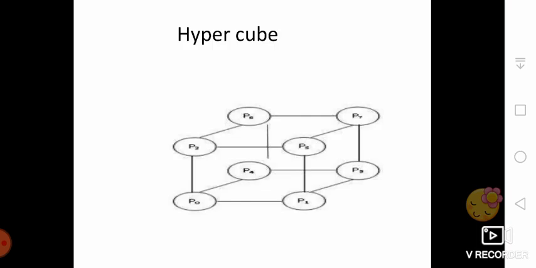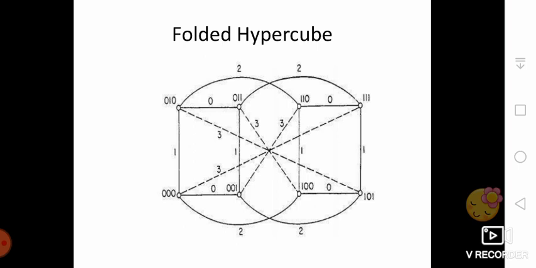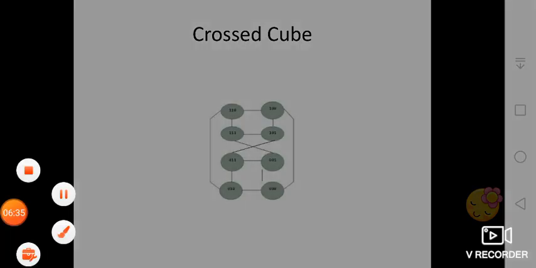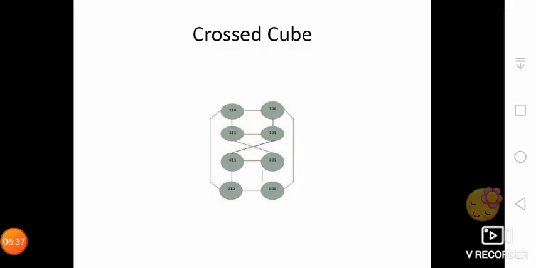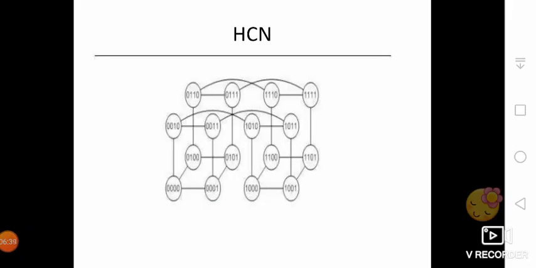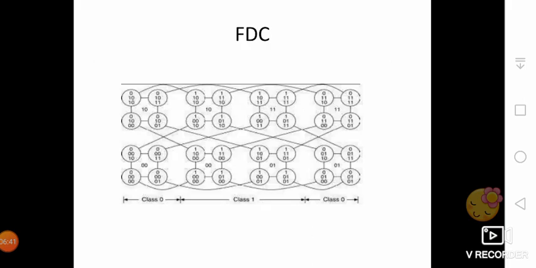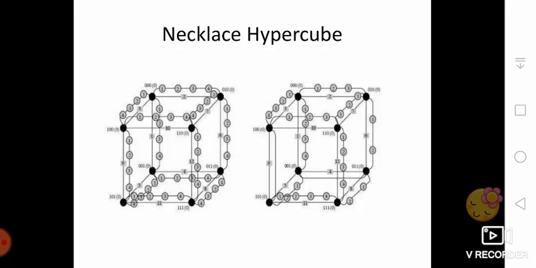In this we have the hypercube, folded hypercube, crossed cube. These are the structures. HCN, FTC, and necklace hypercube.